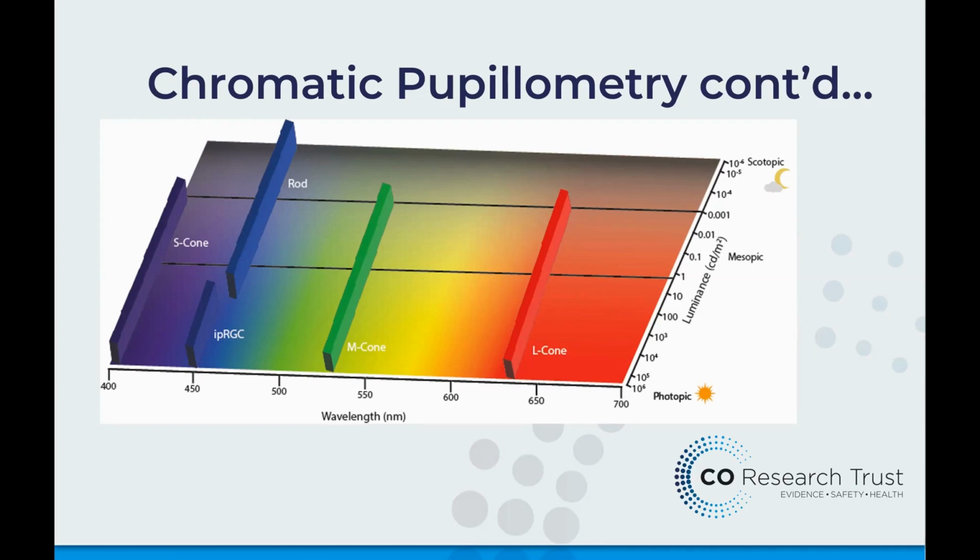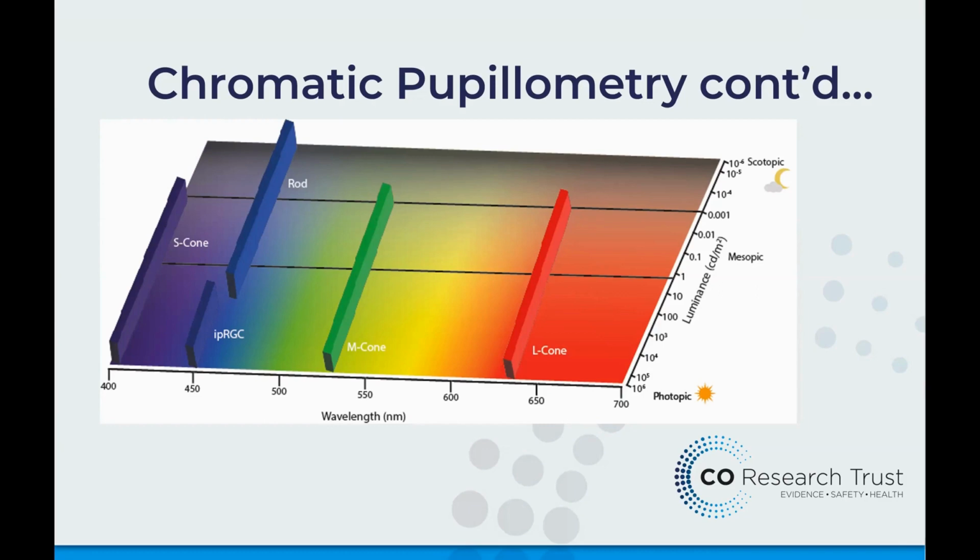We also have to keep in mind the luminance of the light, as you can notice on the figure, that none of the cone cells are active in scotopic conditions. So when it starts to get dark, you only have activation in the rods, which are the photoreceptors that provide vision at night.